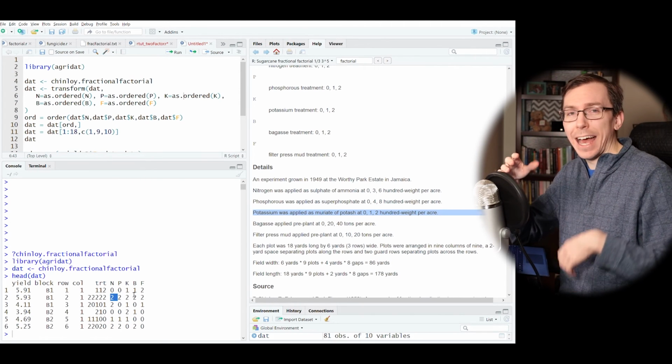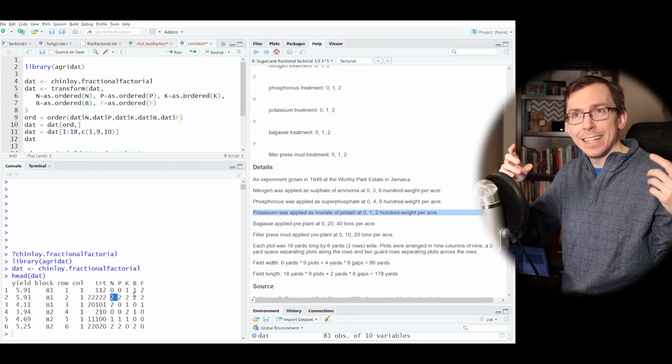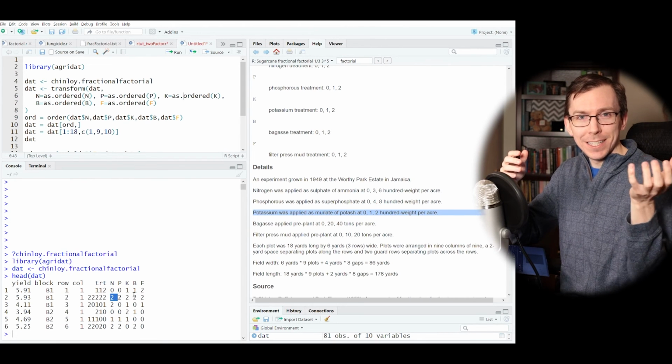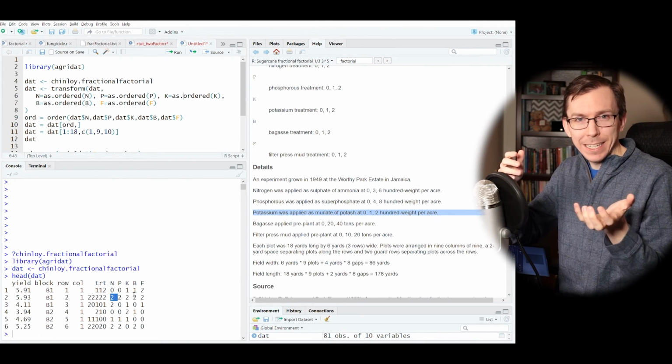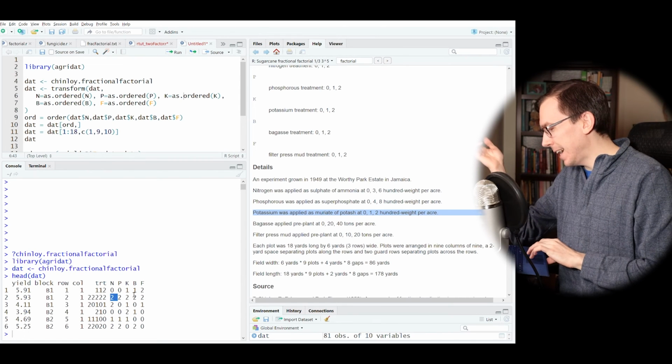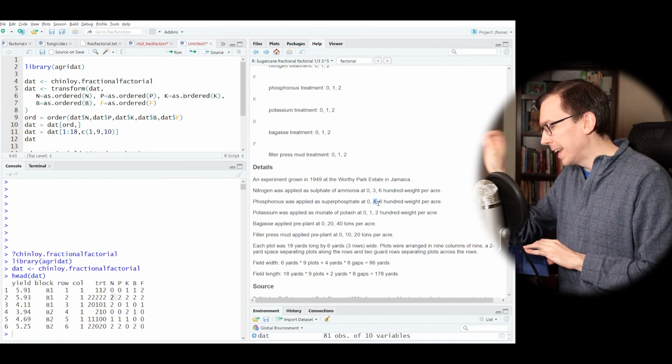What we want is it to have 3 levels, and it'll know that 0 is the smallest, 1 is medium, and 2 is large. In this case, 0 typically corresponds to no additive of that type. 1 corresponds to a small additive, a smaller dose, and 2 corresponds to a larger dose.